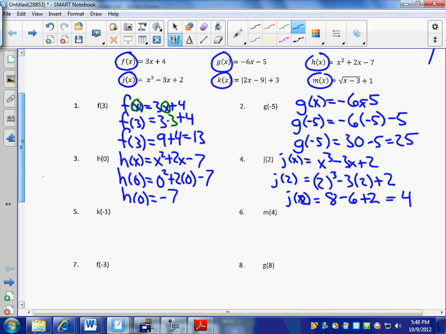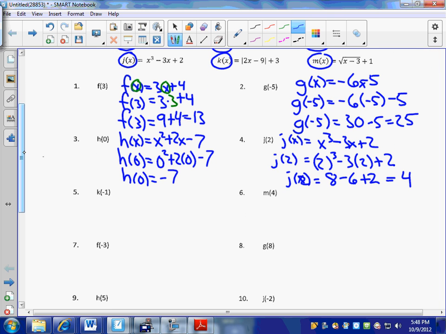Do 2 more with you. k of x is equal to the absolute value of 2x minus 9 plus 3. Absolute values take the positive. So if you put in negative 1, k of negative 1 is equal to the absolute value of 2 times negative 1 minus 9 plus 3.